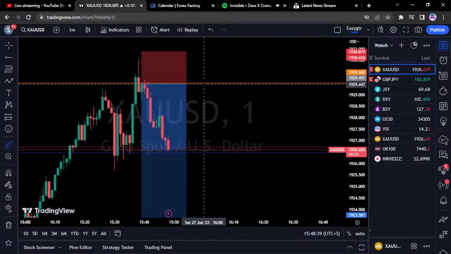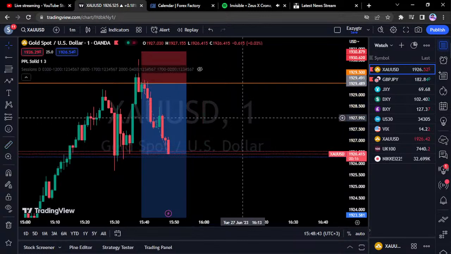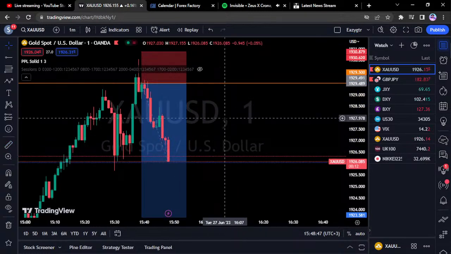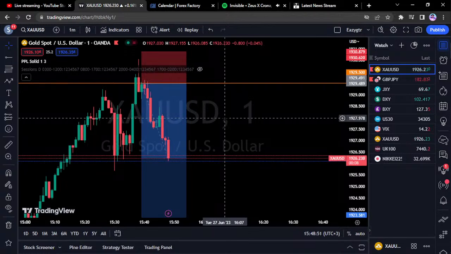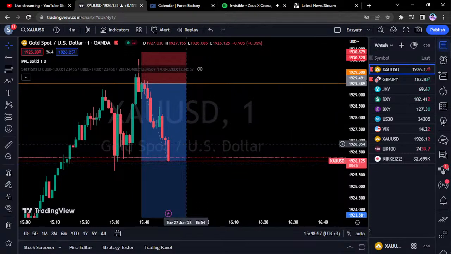So we are currently up 30 pips, so you can close full depending on the parameters you've set in place to manage your risk. Personally, I like to lock it in at 30 pips, so I'll just move my stop loss into profit.